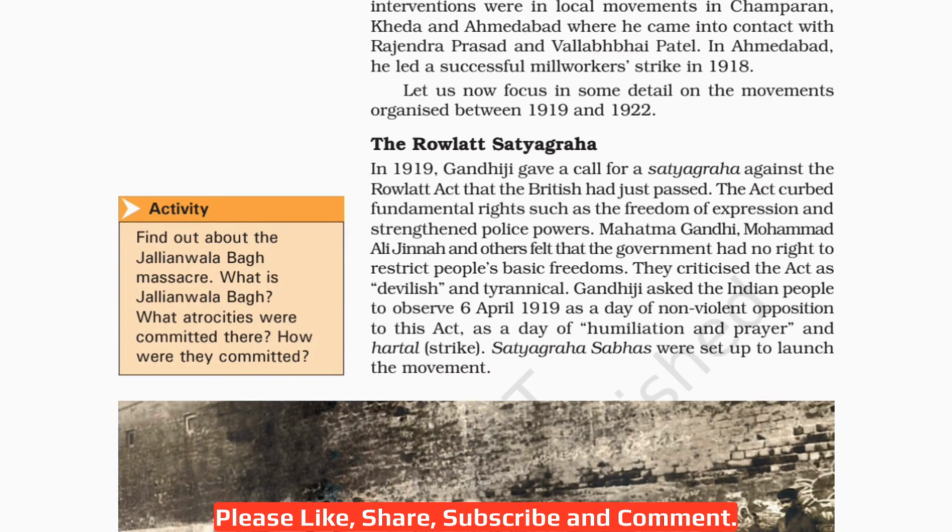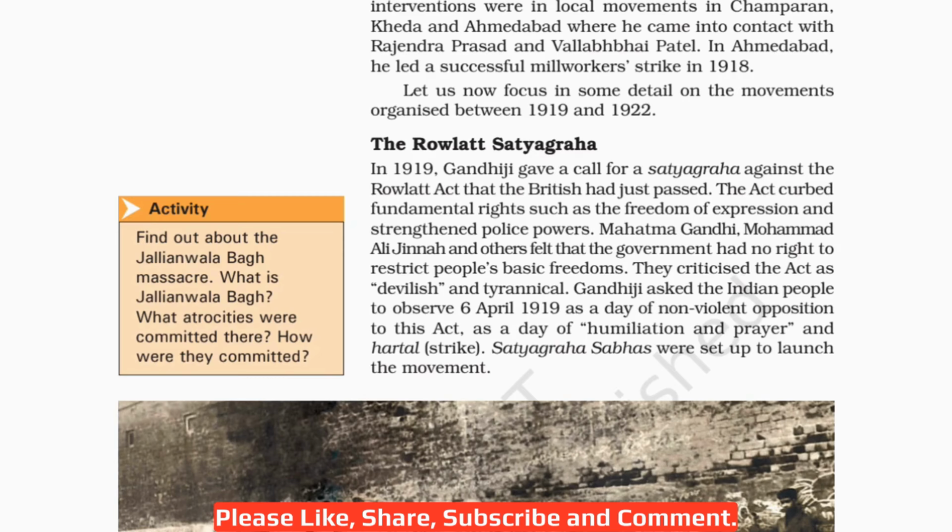So, in 1919, Gandhiji gave a call for a satyagraha against the Rowlatt Act that the British had just passed. The act curbed fundamental rights such as the freedom of expression and strengthened police powers. Mahatma Gandhi, Muhammad Ali Jinnah, and others felt that the government had no right to restrict people's basic freedom. They criticized the act as devilish and tyrannical.